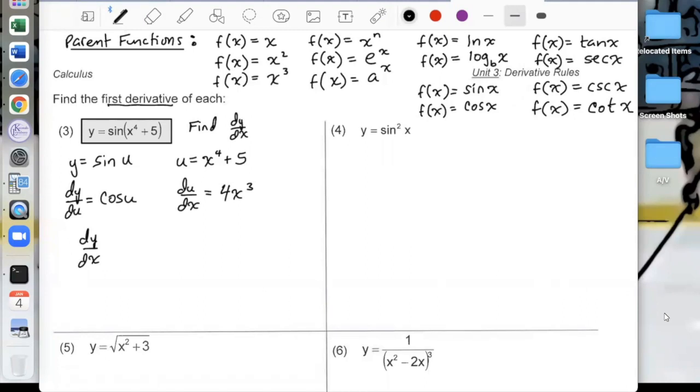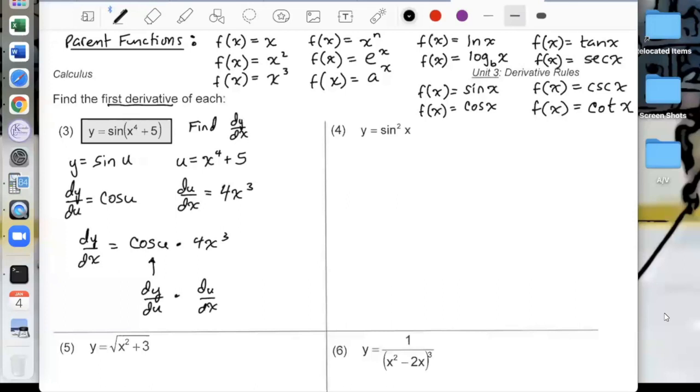All right. So that's telling me that I have to multiply my dy over du, cosine of u, and my du over dx, 4x cubed. Again, dy over du and du over dx, simplified equal dy over dx.